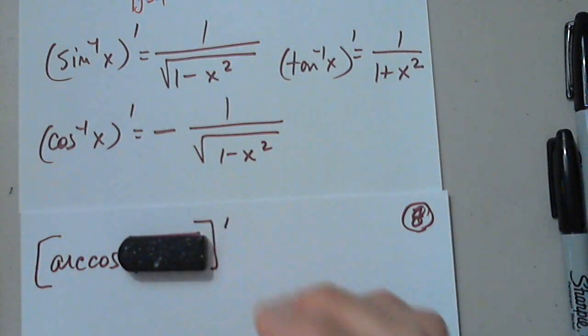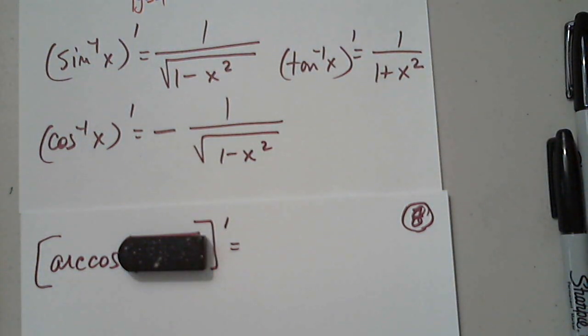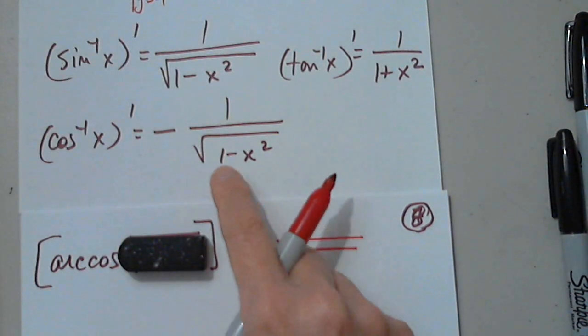So first of all, what do I have to write? I'm differentiating arc cosine or cosine inverse. What should the initial steps be? Give it a shot. It's okay if you're wrong, please. So you write -1 divided by root 1 minus x squared.